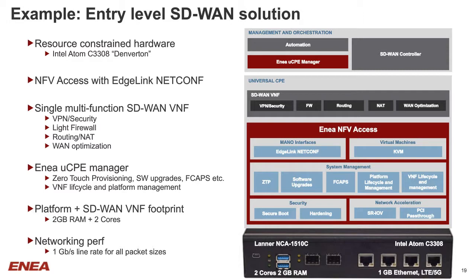And yet, being on such a small memory and CPU footprint, we can still do a gigabit line rate for all packet sizes. So it shows how making the right decisions in selecting components, in optimizing, in selecting the management interface and so on, enables you to do things like this entry-level SD-WAN solution.